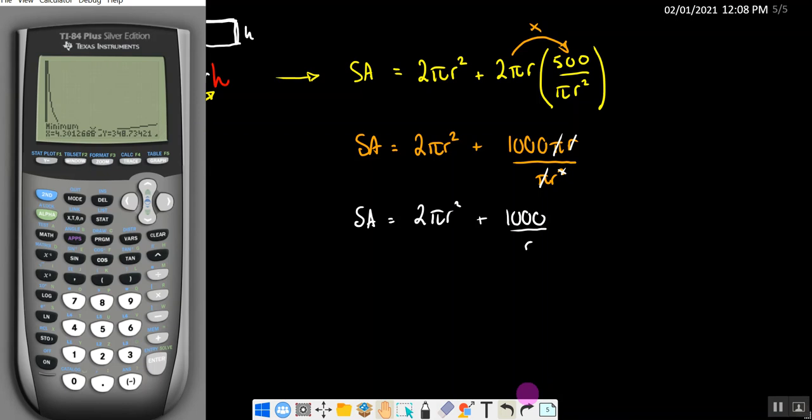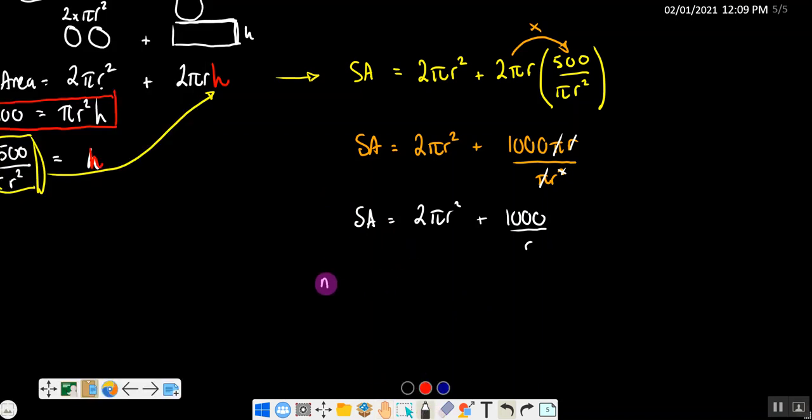Yeah? Have you got 4.301? So the minimum is when r is 4.301 centimeters. Okay. That's when the surface area is a minimum.